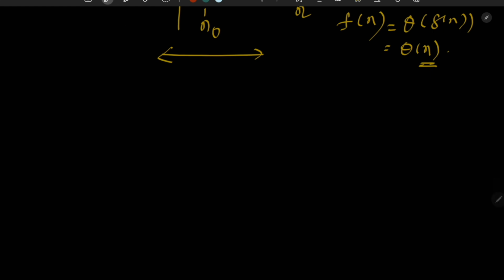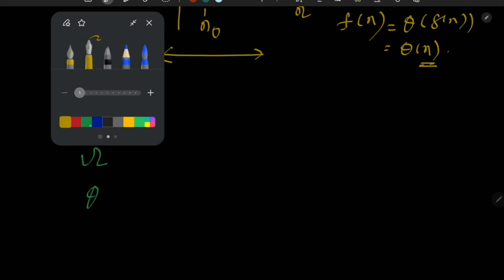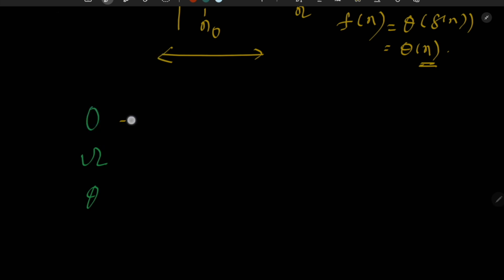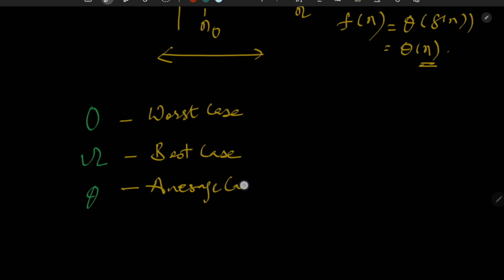So first of all, let's write all the notations that we learned so far. So we have big O, then we have big omega, then we have theta. So this is the worst case, this is the best case, and this is the average case, right?